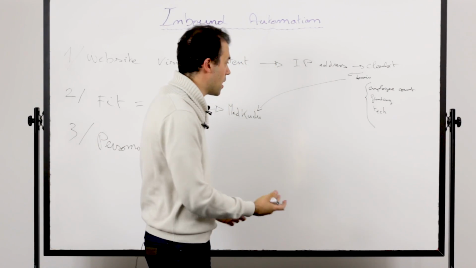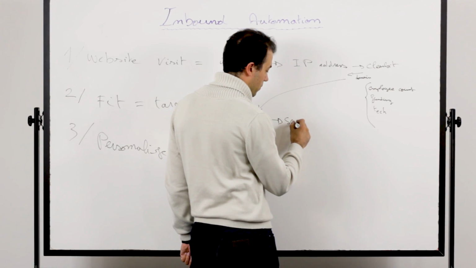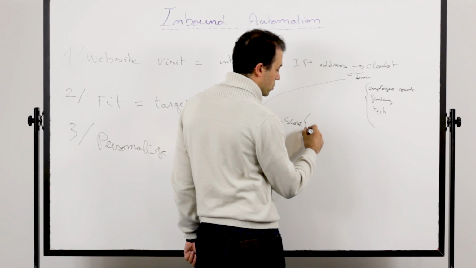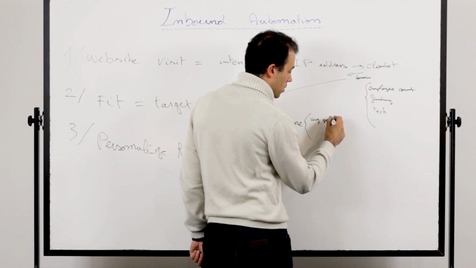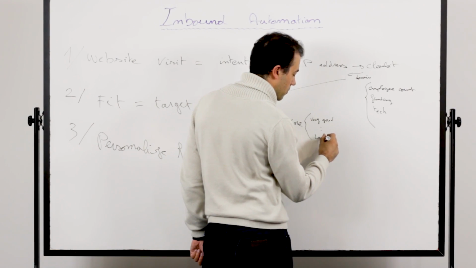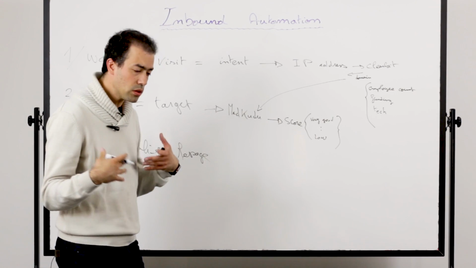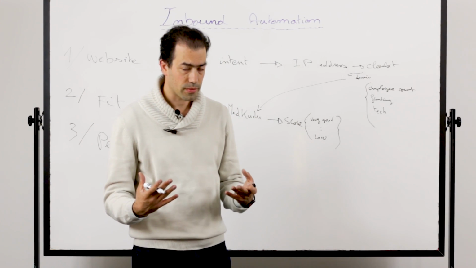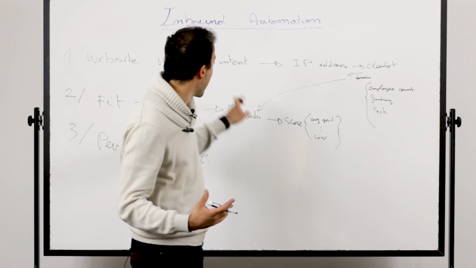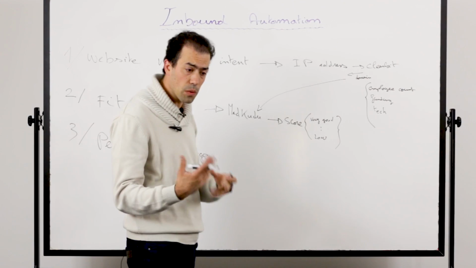They get the company traits, and in return, they're going to give us the score, which ranges from very good down to low. And once you know that this still anonymous visitor has intent, because they're coming to your website, and has a high score, now you want to invest time.